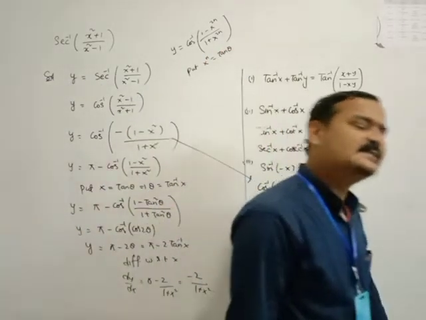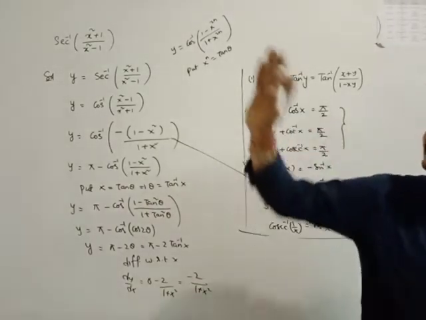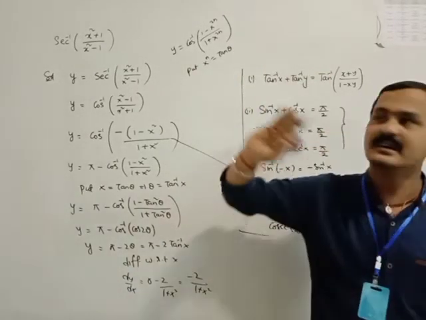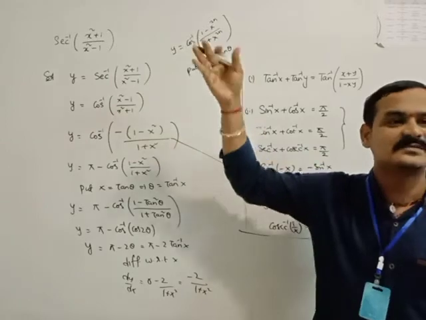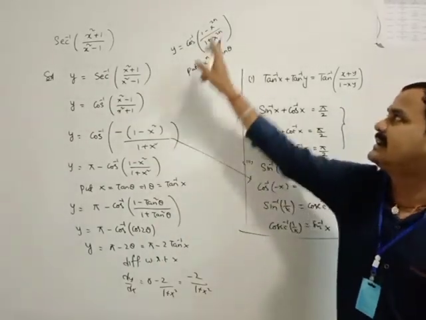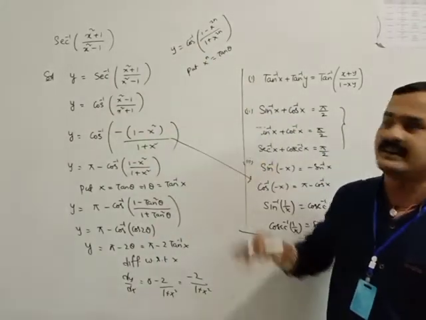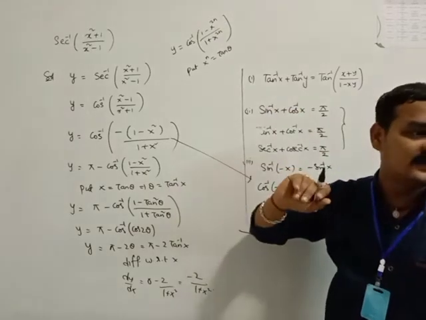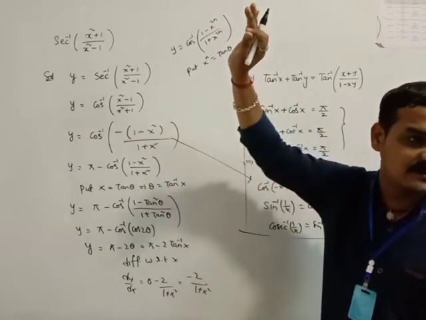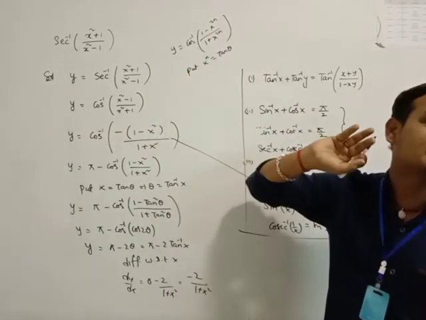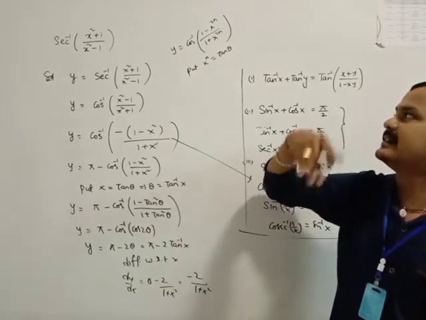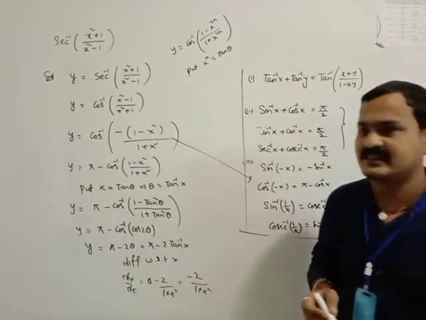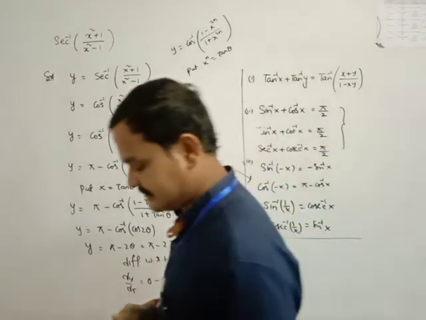Remember these are all standard questions, and I explained this kind of question in the previous class also. In place of n you can give any value. Here n is equal to 1 in this question, and in some questions n is equal to 2. If n is equal to 2, x power of 4 will become x square is equal to tan theta. Like that you need to check. There are some standard questions like this.